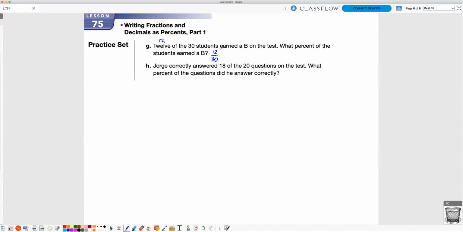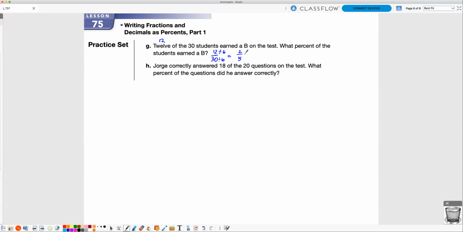So one thing that I might want to do in this case, I could reduce this to see if these are going to work out to something that I can convert. So this 12, it looks like it's divisible by 6, and this 30 is also divisible by 6. So if I reduce this fraction, I would end up with 2/5.